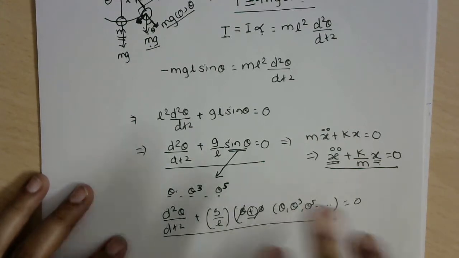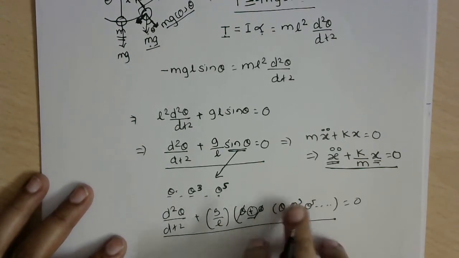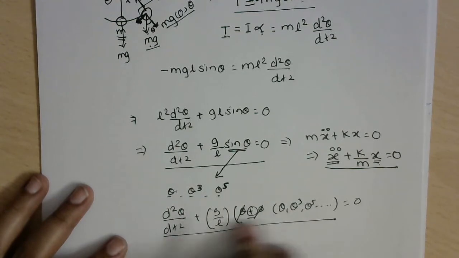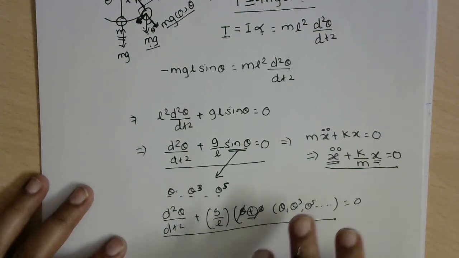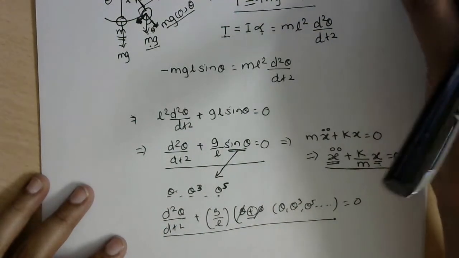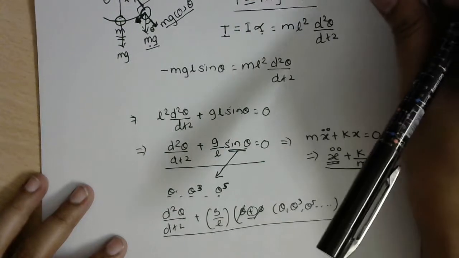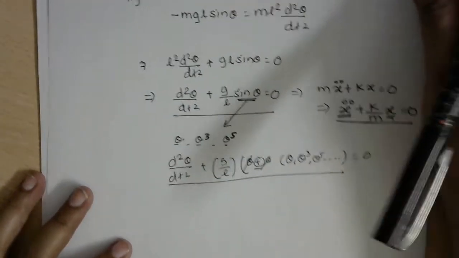So you have a higher power of the unknown function sitting in the differential equation. That's why this equation is called a nonlinear differential equation, and solving a nonlinear differential equation is no less than a nightmare. So what we do is we simplify our lives in all these cases. We prefer not having nightmares.